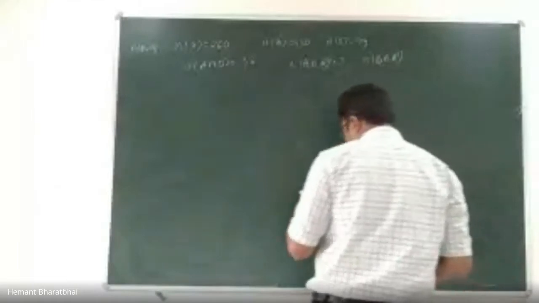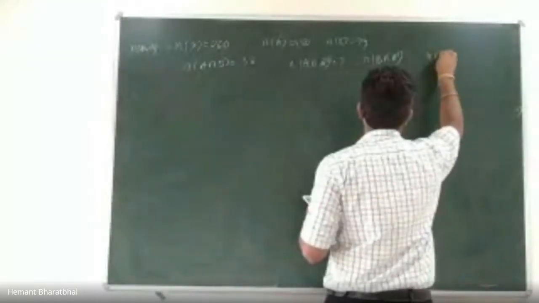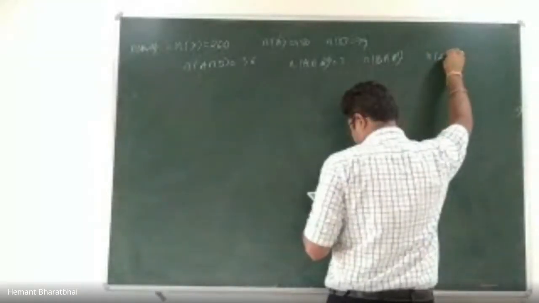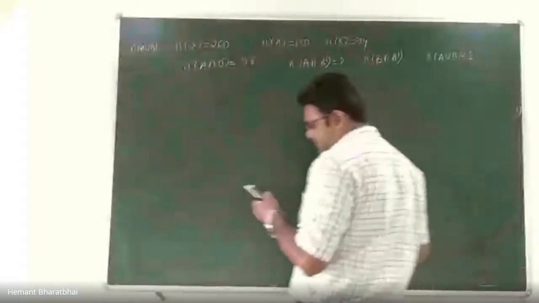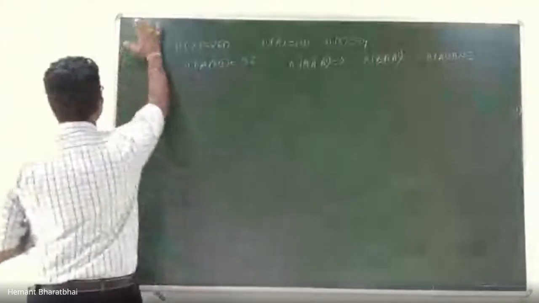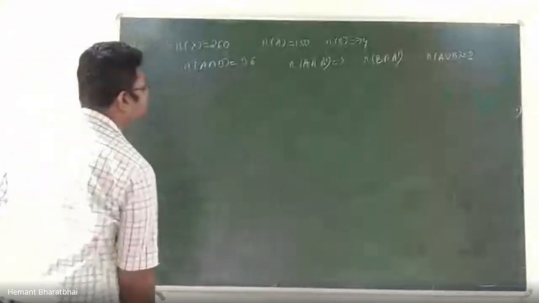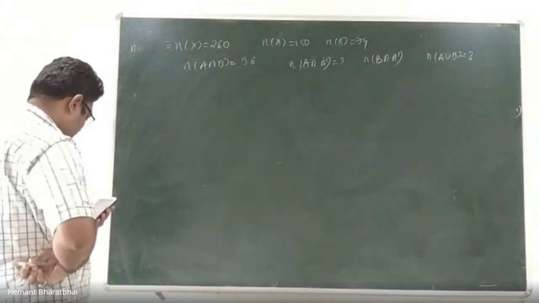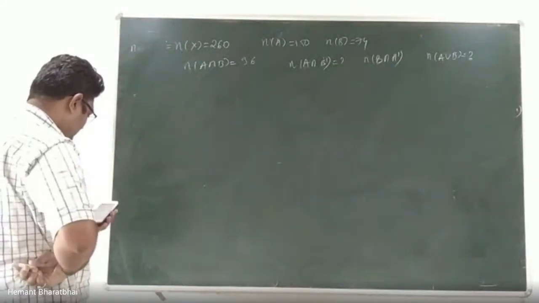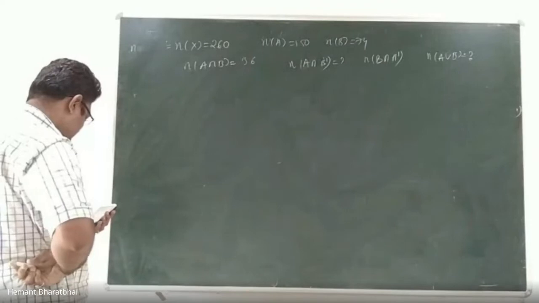A or B, which means or is union, A or B. Chemical A or chemical B.